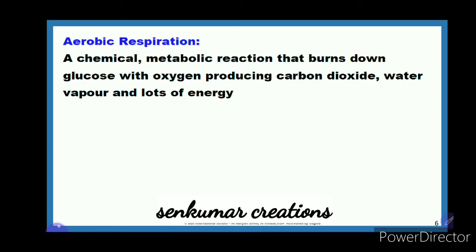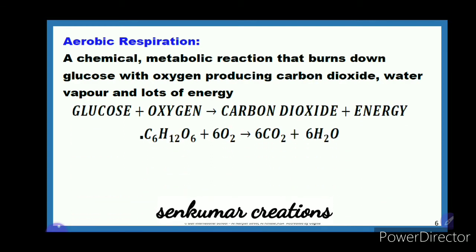Along with energy, water and carbon dioxide are also produced, and heat is also released in this reaction. Don't forget at any time: oxygen is utilized in aerobic respiration, and oxygen is not utilized in anaerobic respiration. More energy is released in aerobic respiration, and less energy is released in anaerobic respiration.